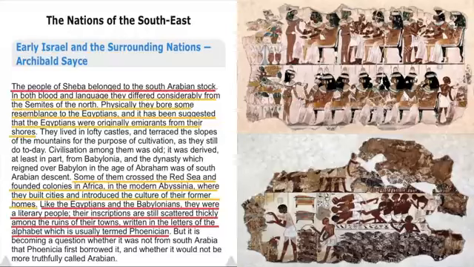Physically, they bore some resemblance to the Egyptians, and it has been suggested that the Egyptians were originally immigrants from their shores. Some of them crossed the Red Sea and founded colonies in Africa, in the modern Abyssinia, where they built cities and introduced the culture of their former homes.